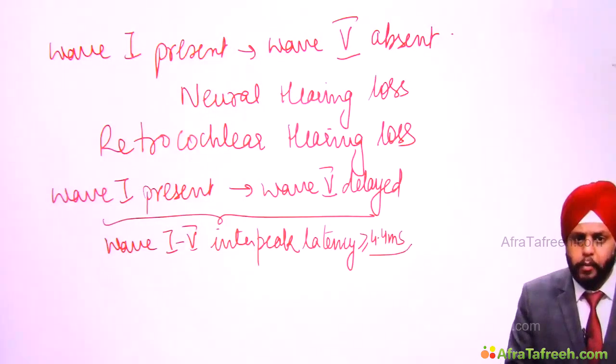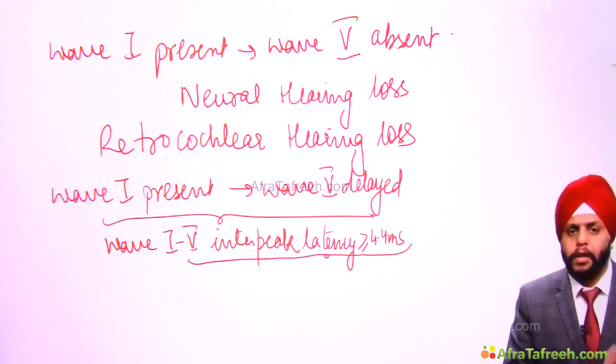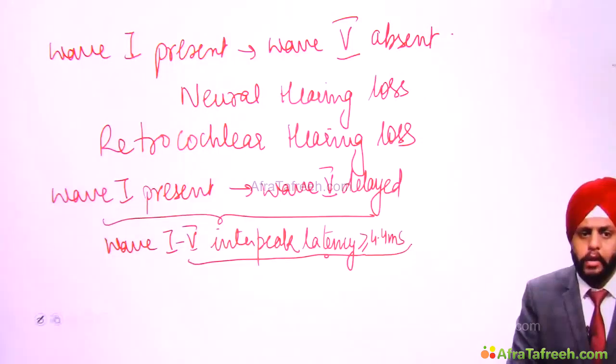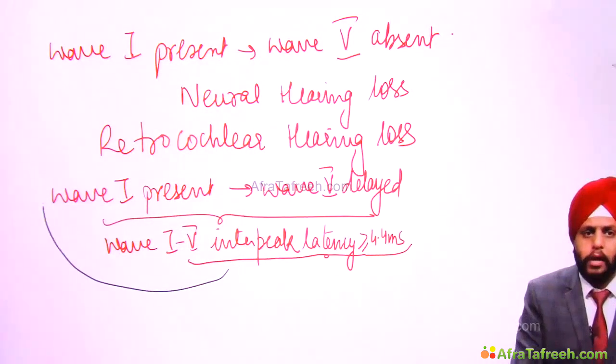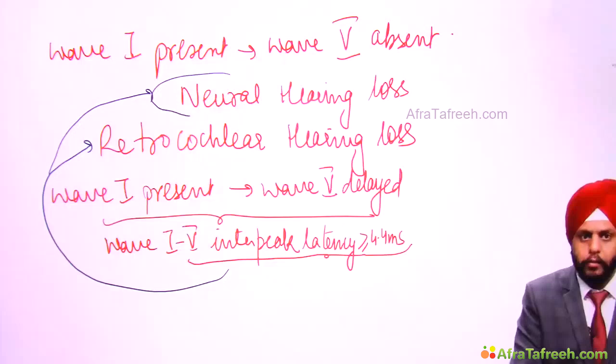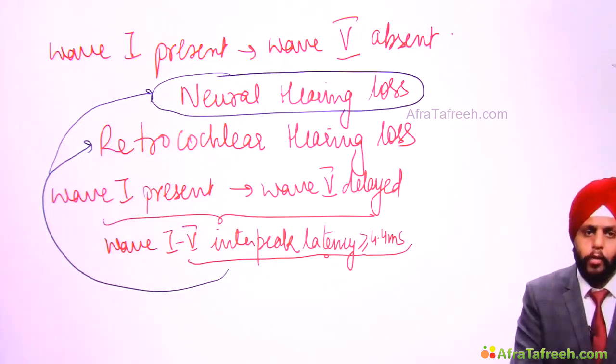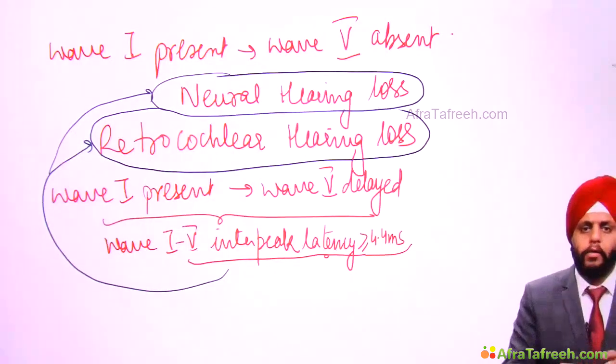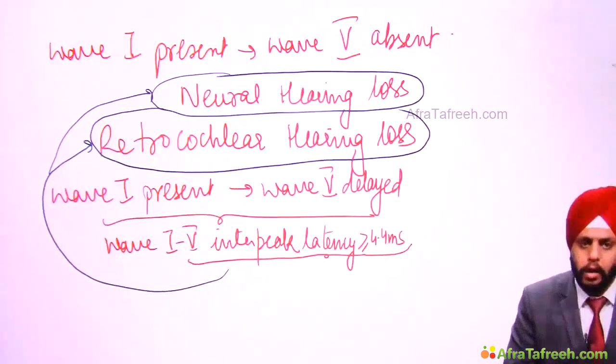That means there is a problem in the retrocochlear pathway, in the neural pathway. So once again, we will call this retrocochlear hearing loss or neural hearing loss. So 4.4 milliseconds or more will be known as retrocochlear or neural hearing loss.